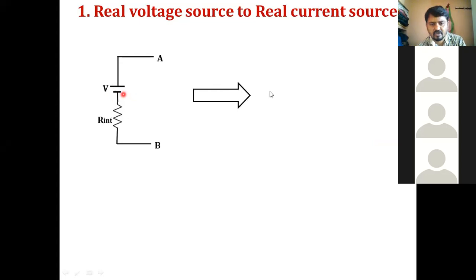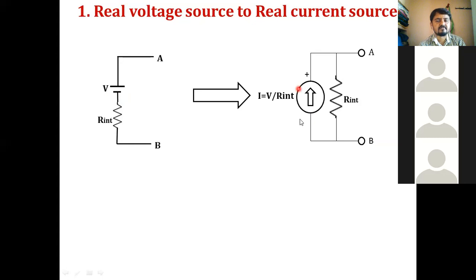This one we have to convert into a current source. So we can write here like this: I equal to V by R internal. The positive arrow mark is there. This R internal we are writing here as R internal. Take this diagram also. Take these diagrams.